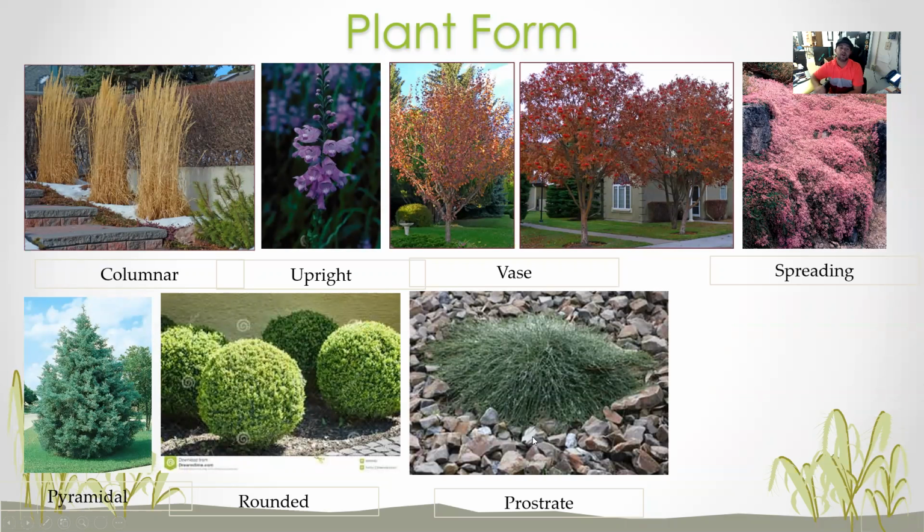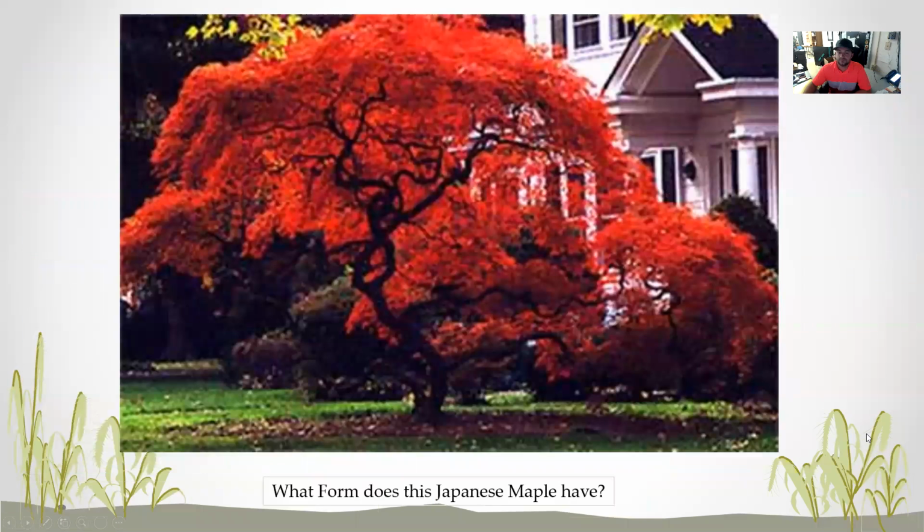So, what kind of forms do we get? We have columnar, we have upright, we have vase, spreading, pyramidal, rounded, and prostrate. So, when we take a look at the form of this tree, what are we seeing? We have a nice rounded top on it. So, we could say it's rounded.